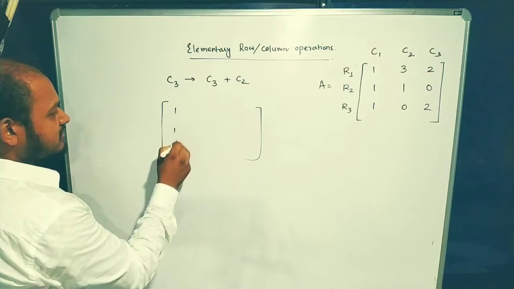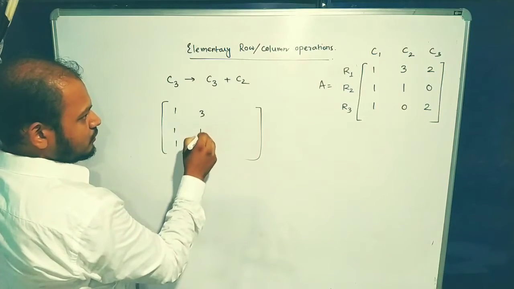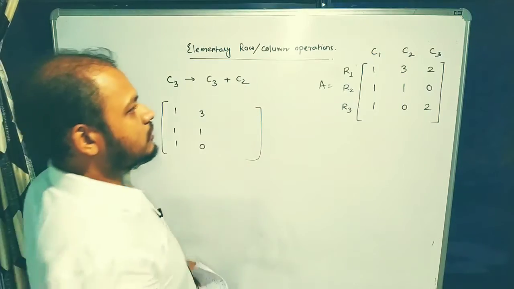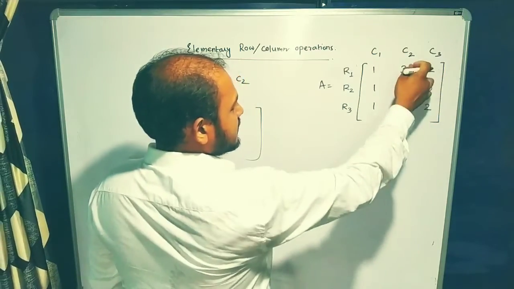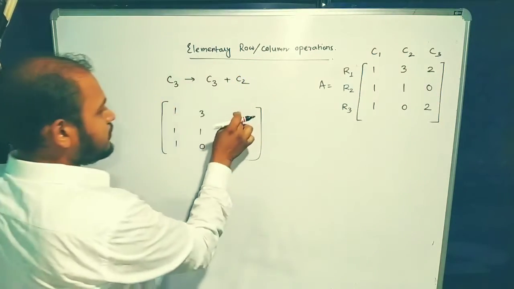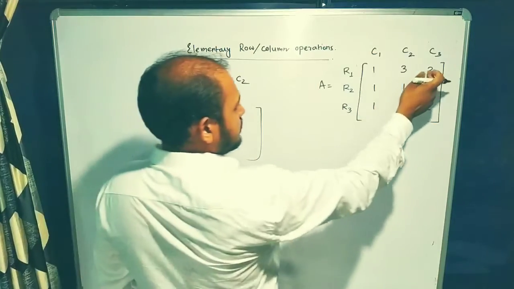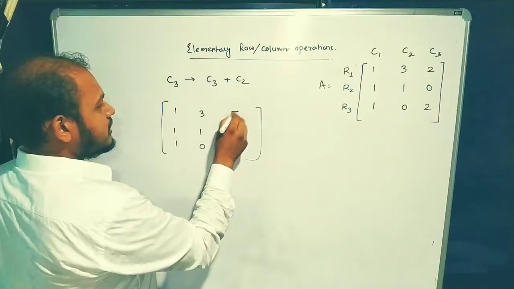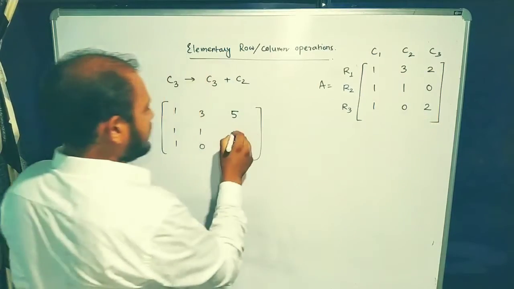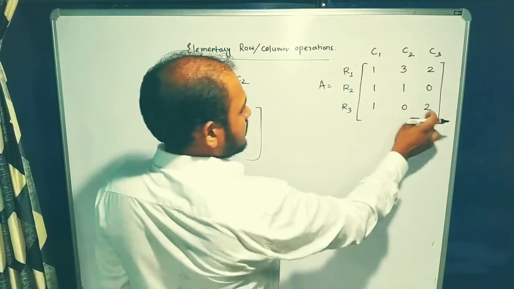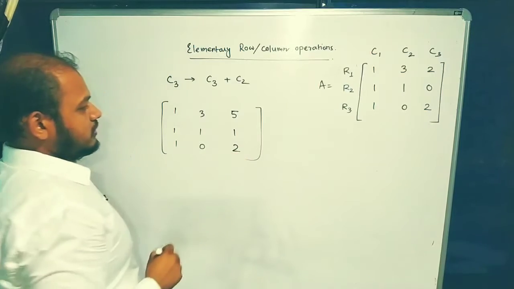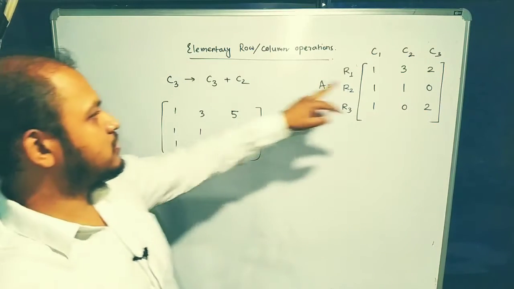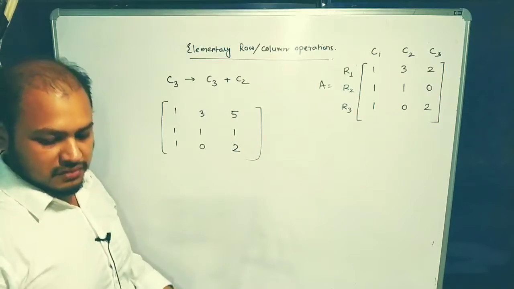So let's write them as it is, 3, 1, 0. Look at C3 plus C2. C3 is this column and C2 is that column, and you have to place it here after adding both the columns C2 and C3. So 3 plus 2 is 5, put it here. 1 plus 0 is 1, put it here. 0 plus 2 is 2, put it there. Okay, so this is the matrix. After performing this operation on that matrix, we get this matrix.